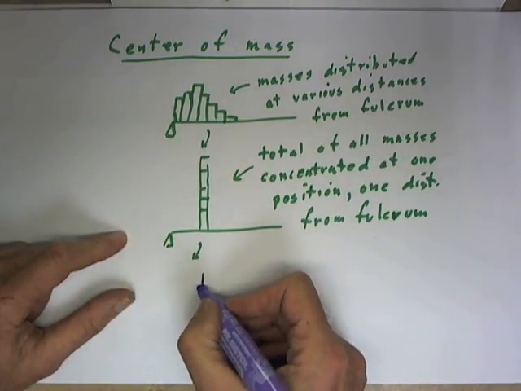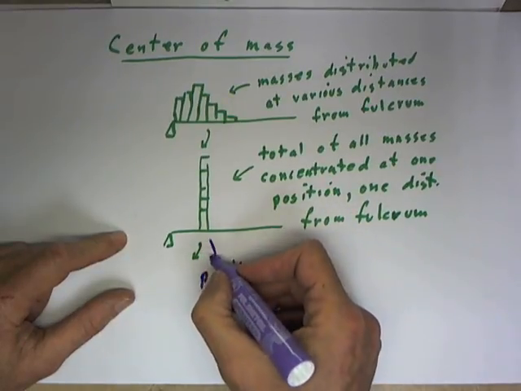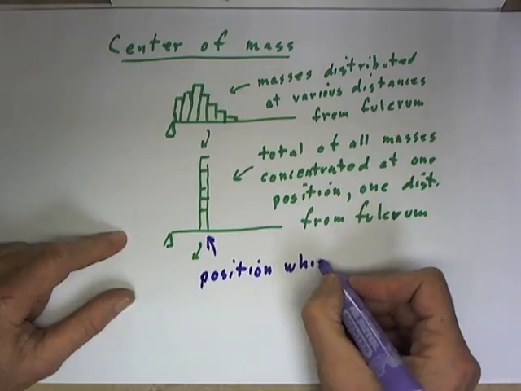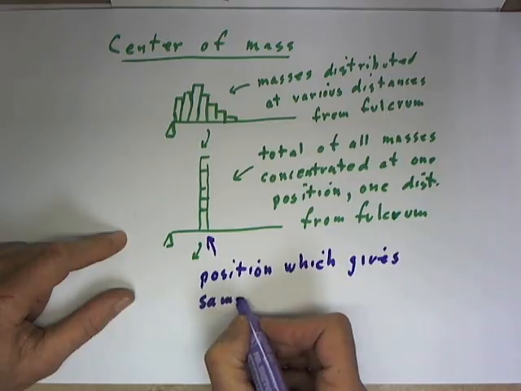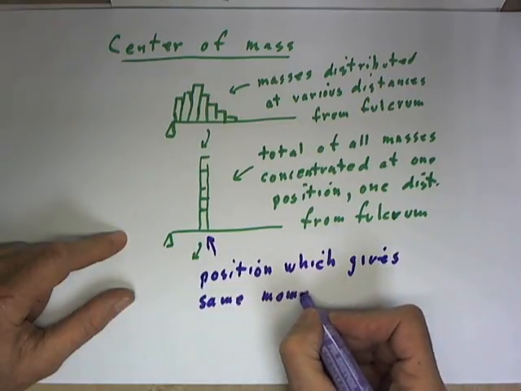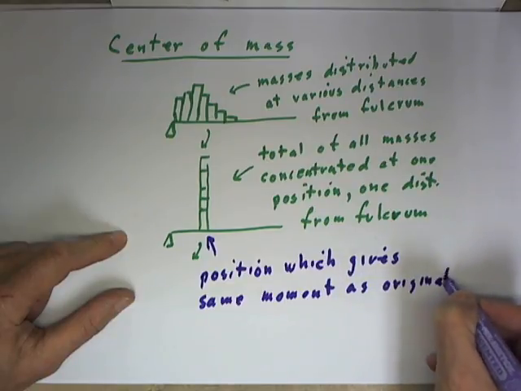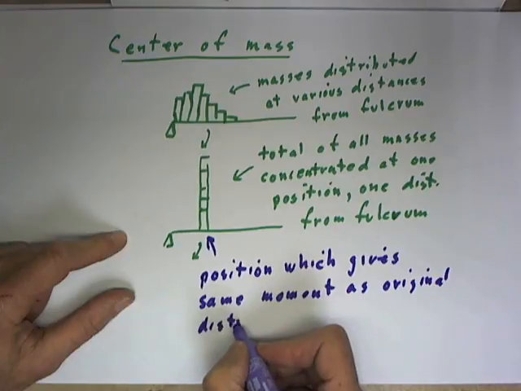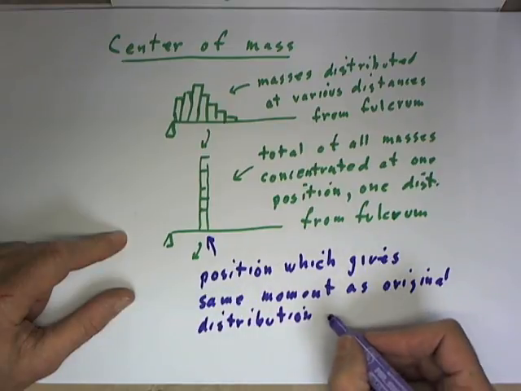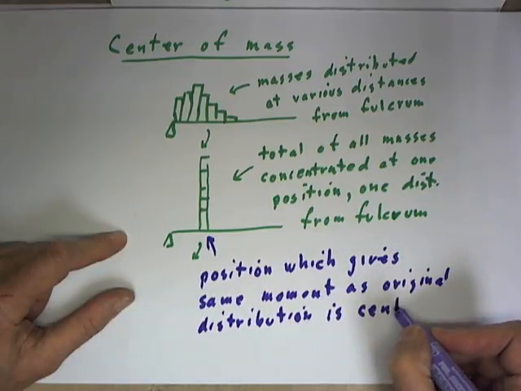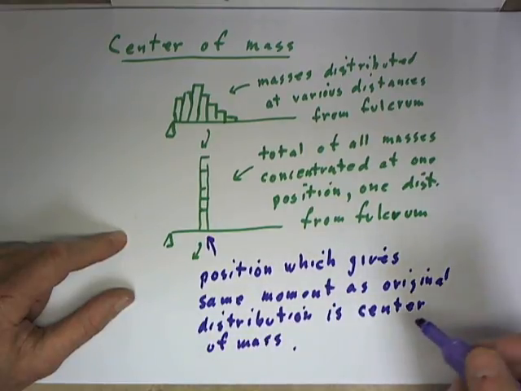Then the position here which gives the same moment as the original distribution is the center of mass.